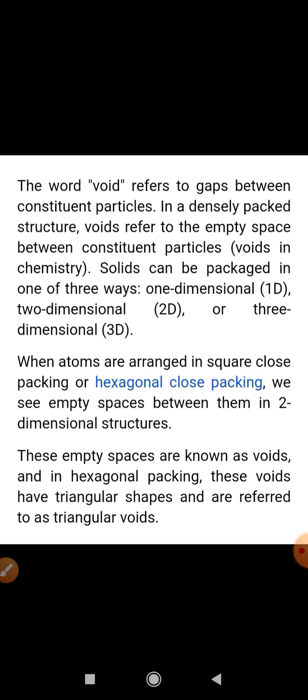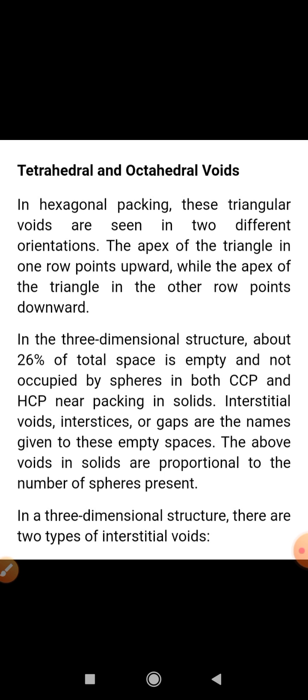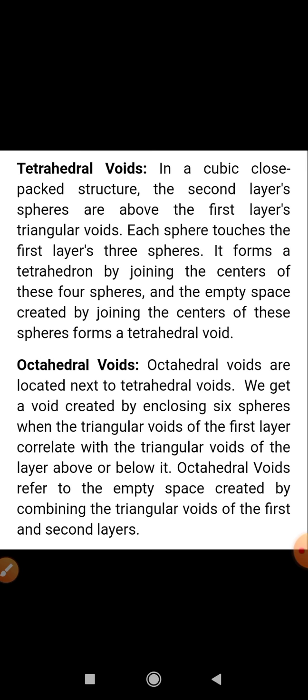In hexagonal packing, these voids have a triangular shape and are referred to as triangular voids. In hexagonal packing, these triangular voids are seen in two different orientations. The apex of a triangle in one row points upward, while the apex of the triangle in the other row points downward. Let us see.